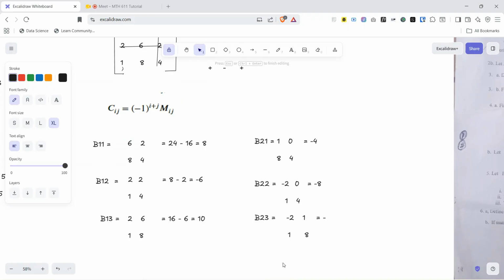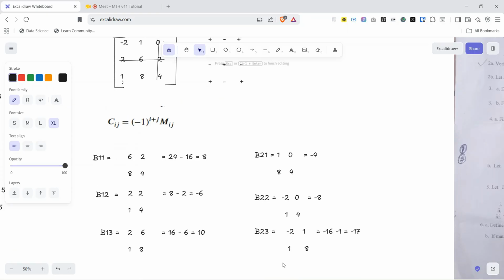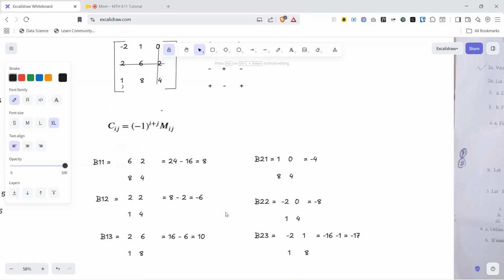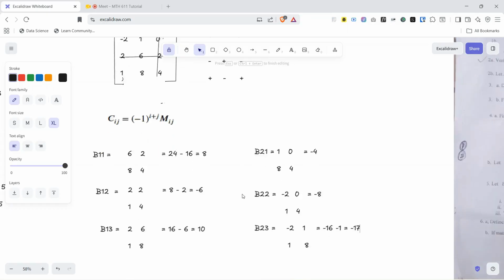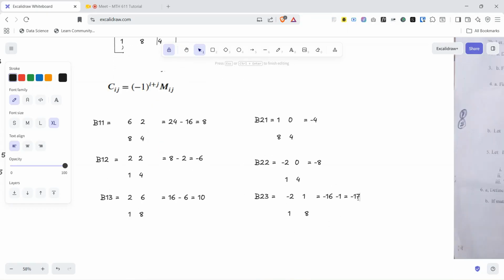That's minus 16, minus 1 times minus 1. Yeah, so that's minus 1, which will be equals to minus 17. But remember that this is minus plus minus. So minus times minus would cancel the minus here. So this will be 17.